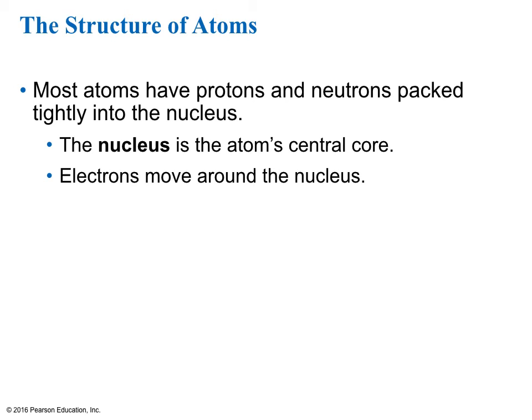That's the amount of space that's different between the electron and the nucleus, and then the size comparison of a pea versus a gnat.